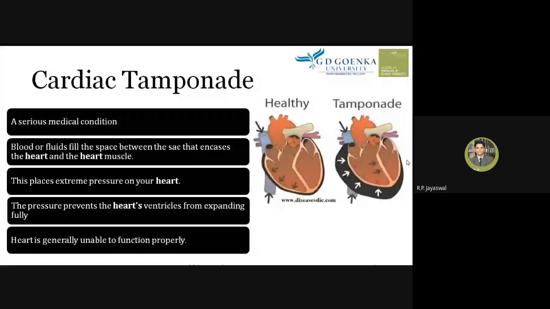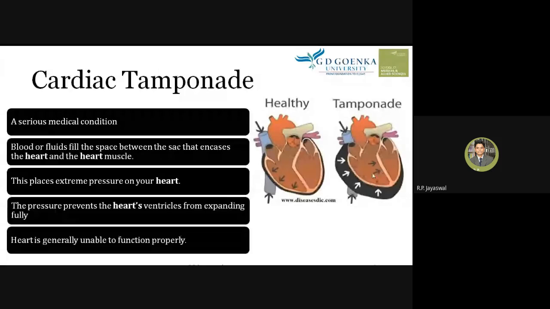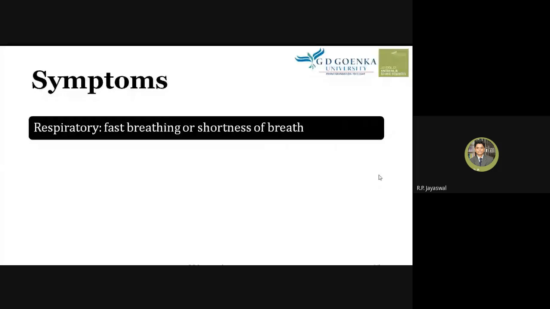In the image we can see that the ventricles usually expand and constrict during normal functioning. But in a tamponade condition, the fluid places extreme pressure on the heart, basically on the ventricle side, and the ventricles will not be able to expand properly, so cardiac tamponade may occur. These are the symptoms: respiratory symptoms such as fast breathing or shortness of breath.